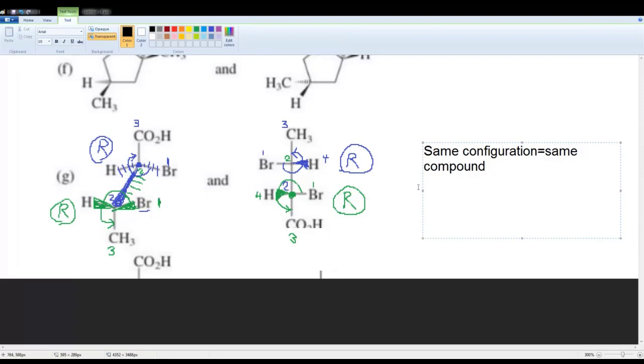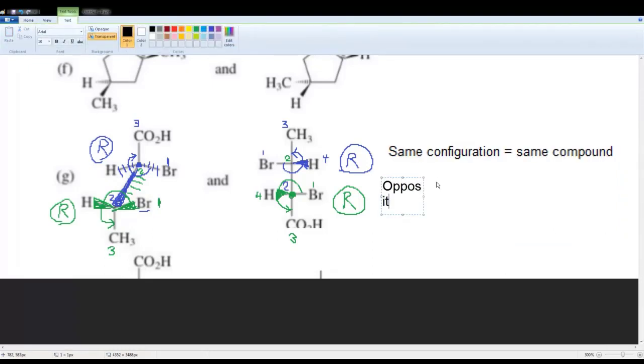Okay. If they have opposite configuration, they are enantiomers.